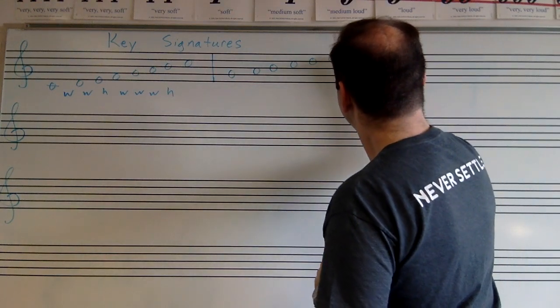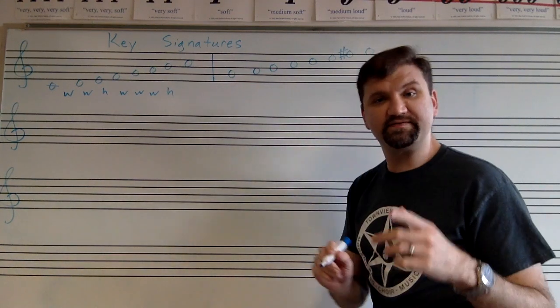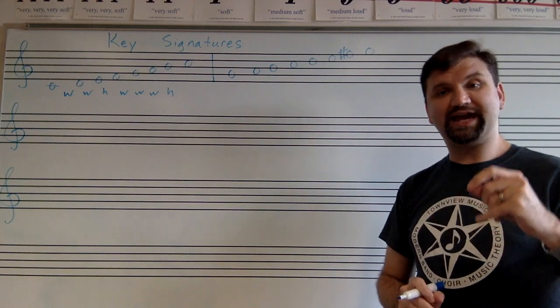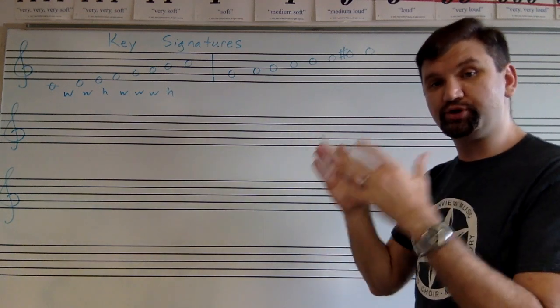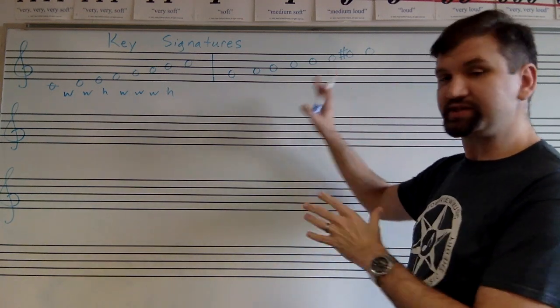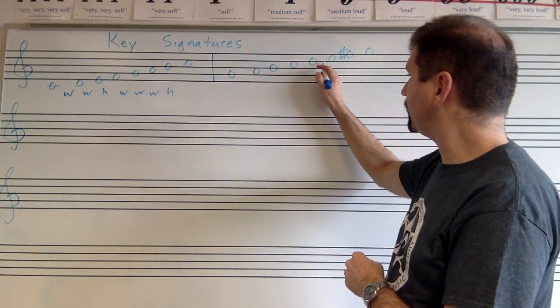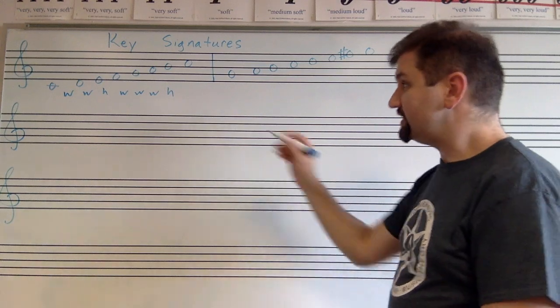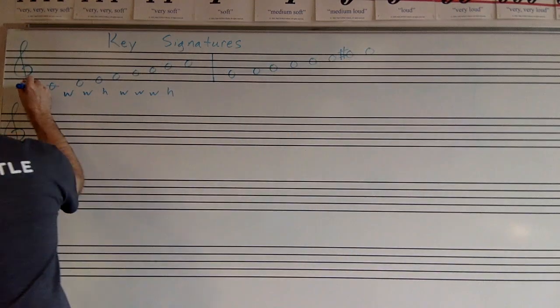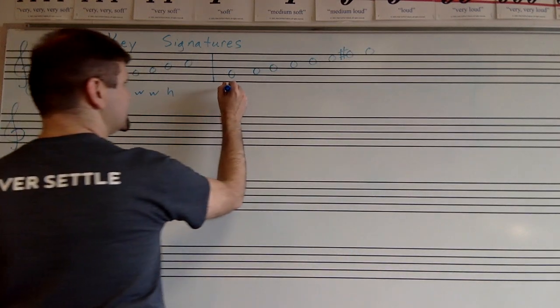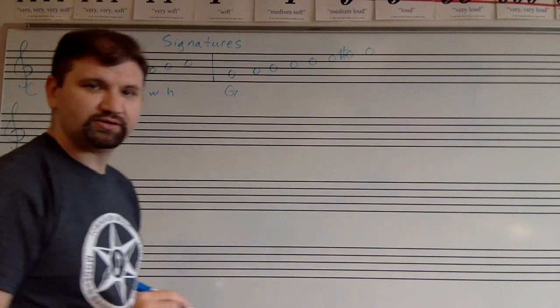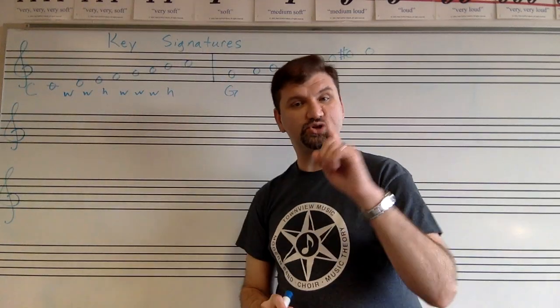In this case, it would be F sharp. That's the note that I have to change in order to produce a major scale pattern. Whole, half, whole, half. So this here is C major. This here is G major.